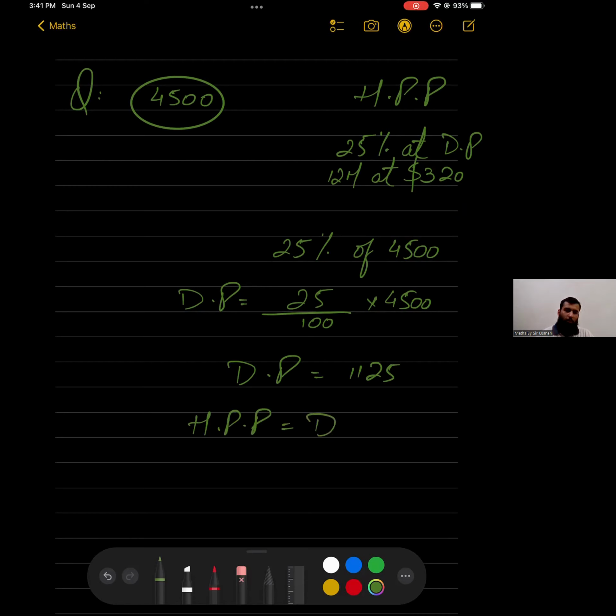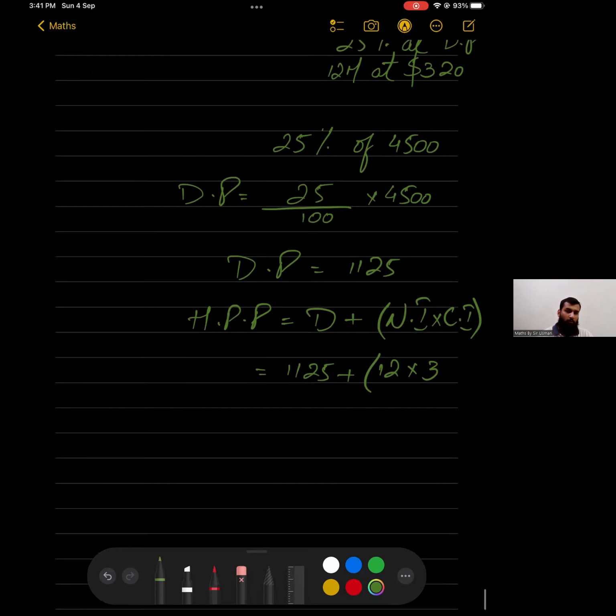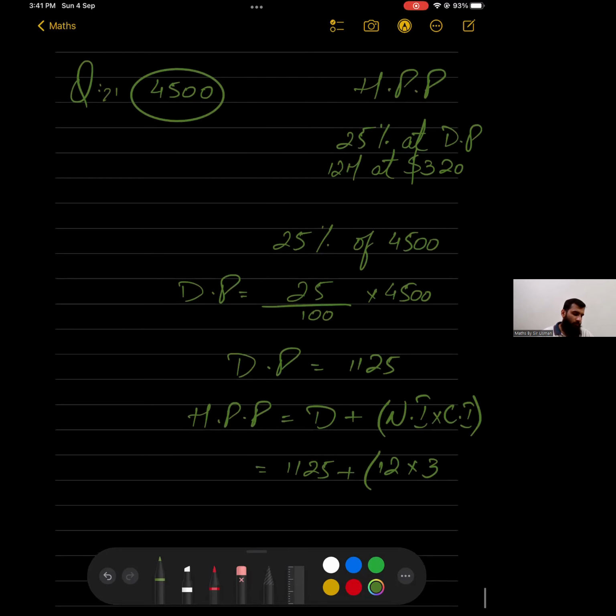So this is going to be deposit plus number of installments times the cost of installment. So this is going to be 1125 plus number of installments, 12, with each one of 320. This is question number 21 part C.